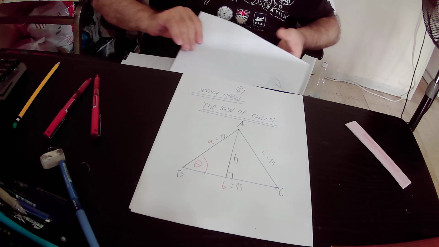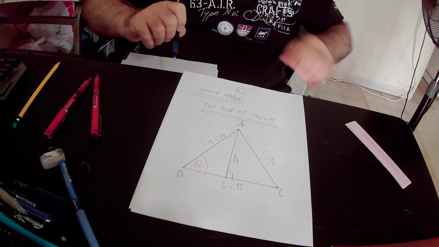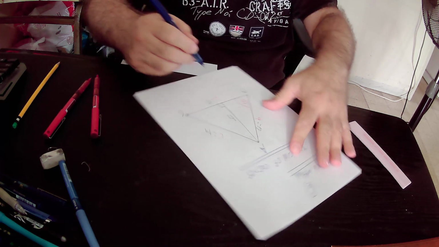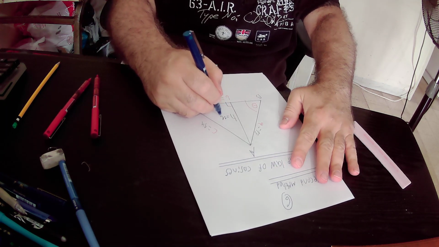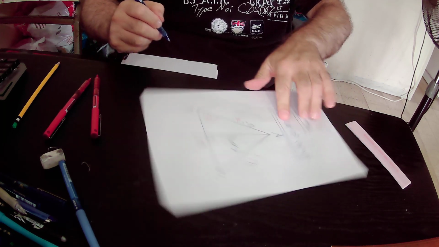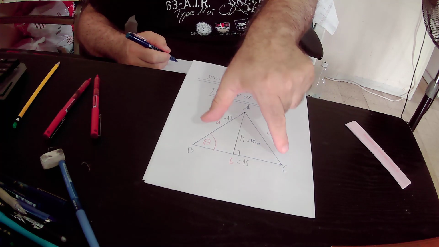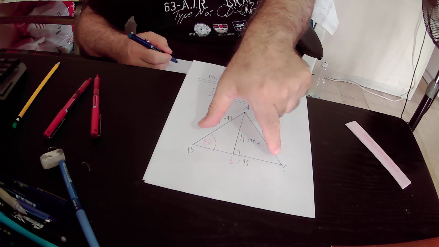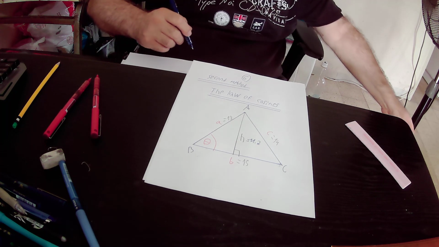So we can write here that the height equals 11.2 units, and we know that the base is BC equals 15 units.